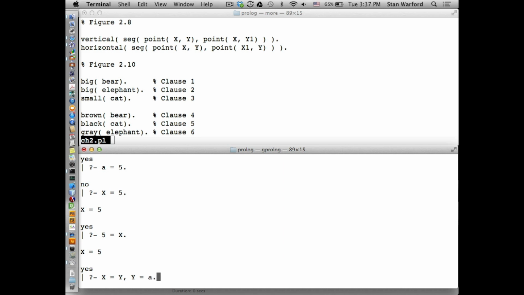X matches A. Will X match A, or will X match Y? Both will be A, because they are instantiated. So first X matches Y, but then if Y is instantiated to A, then X is also instantiated to A in order for them to match, right? Does everybody see how that worked?